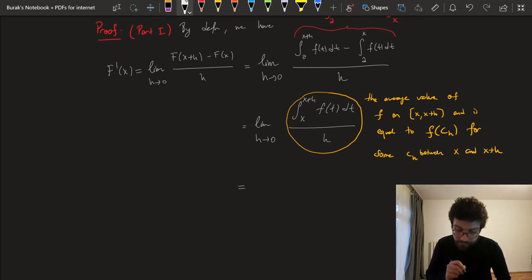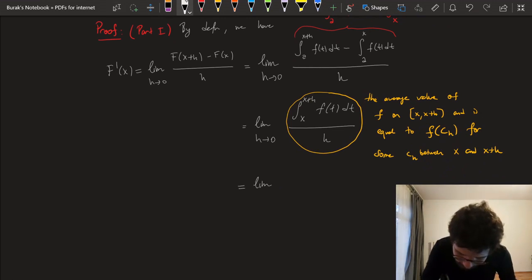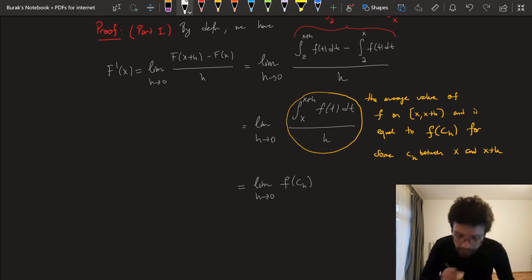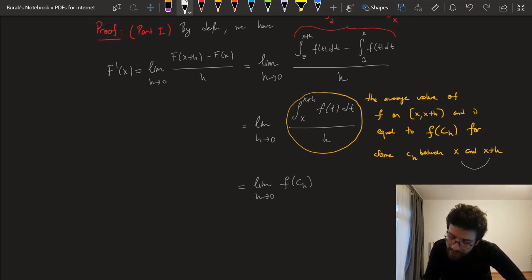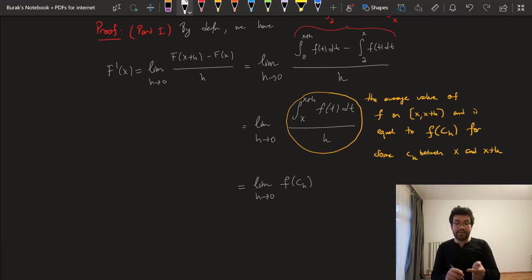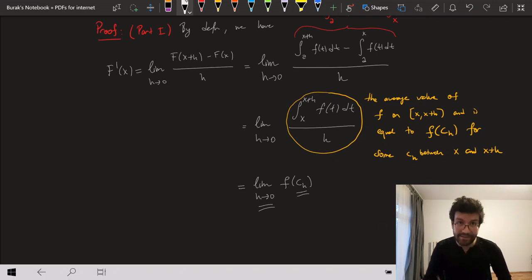Now, as h goes to 0, what happens? As h goes to 0, x plus h goes to x. And c is in between these, which means that c of h goes to x.